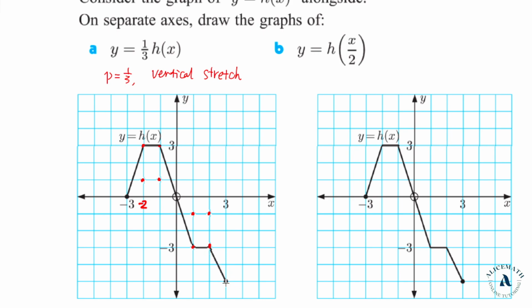The last point is (-3, -5), and 1/3 of the previous vertical distance means 5 times 1/3, which is 5/3. Probably here. You can draw it here.